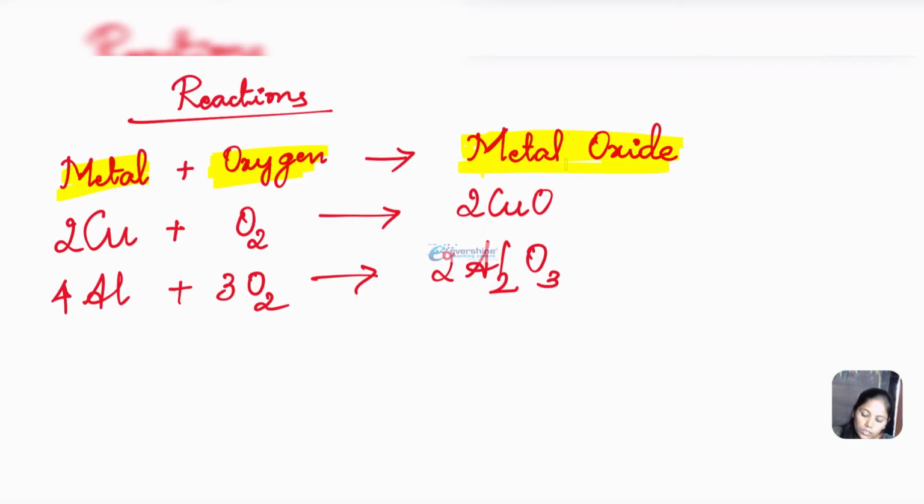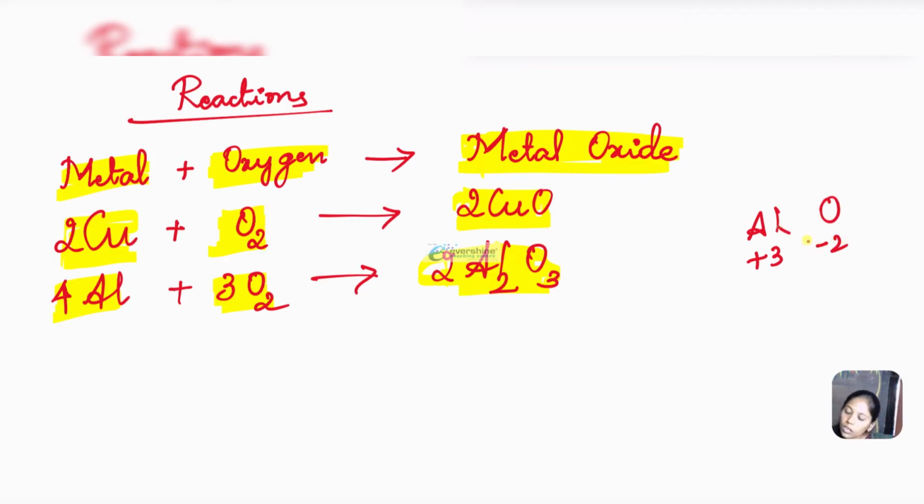So they can ask how copper reacts with oxygen. What will you write? Copper reacts with oxygen and forms copper oxide. They can ask how aluminium reacts with oxygen. You should write 4Al plus 3O2 gives 2Al2O3. Why should we write Al2 and O3 there? Because aluminium has plus 3 valency, oxygen has minus 2 valency.